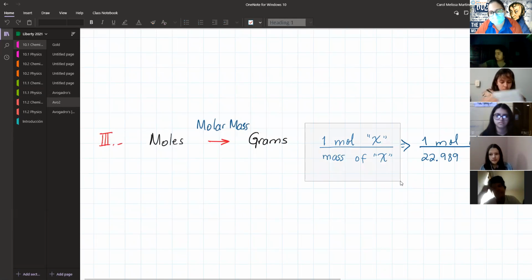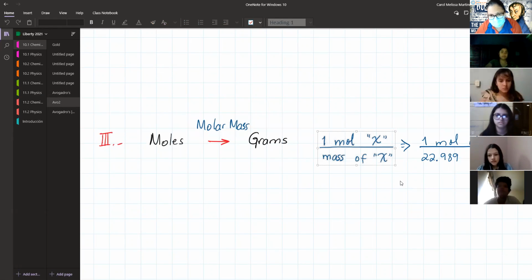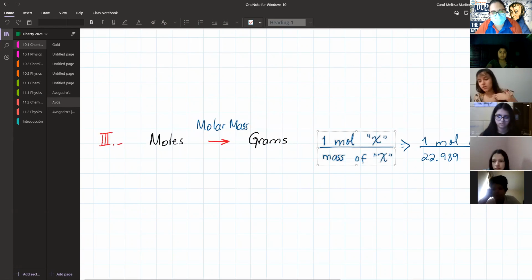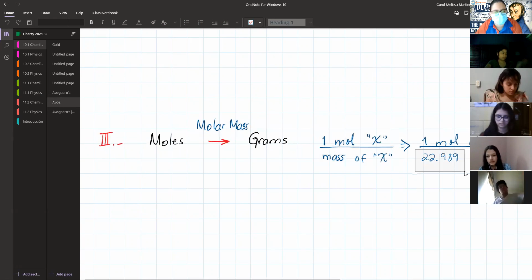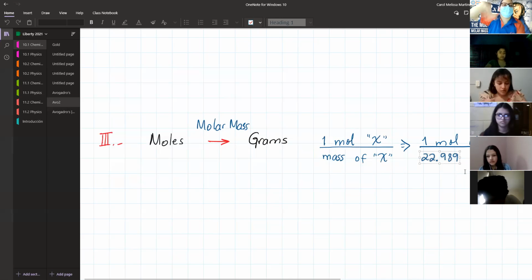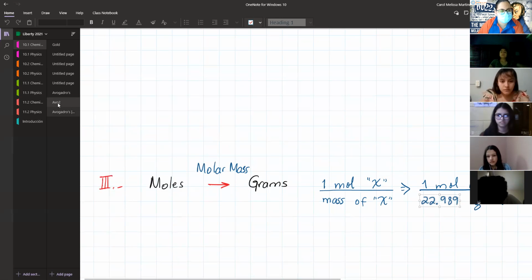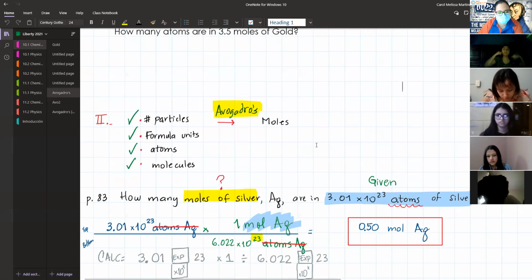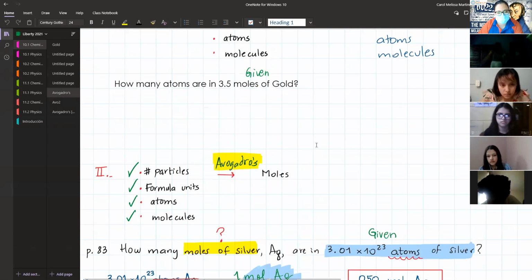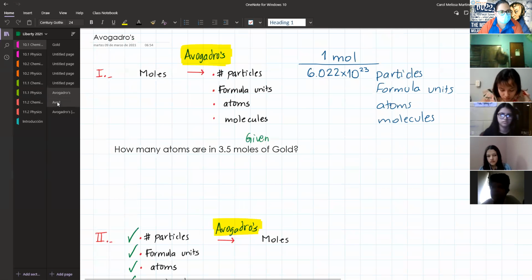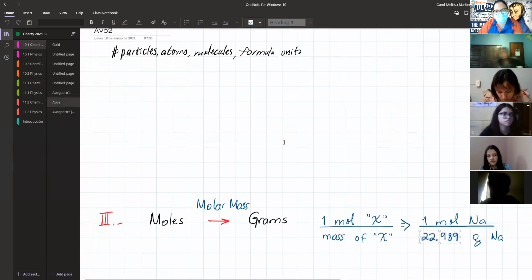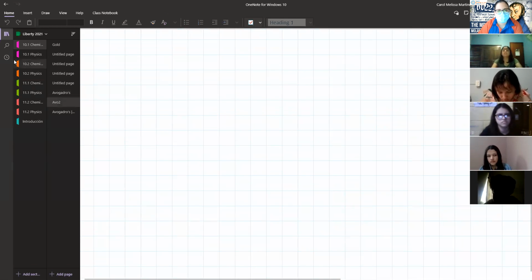And the molar mass depends on the element that we're talking about. So if we're talking about sodium, we're going to be using the molar mass of sodium, which is nothing more than the atomic mass, but with different units, just like we did right here.